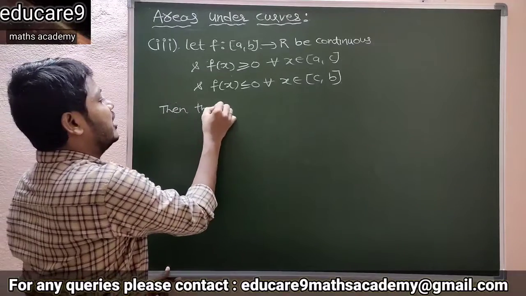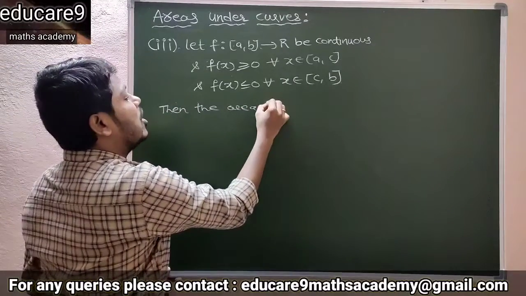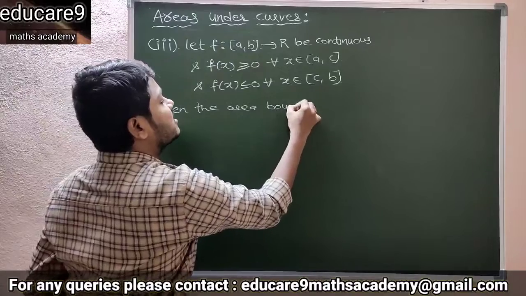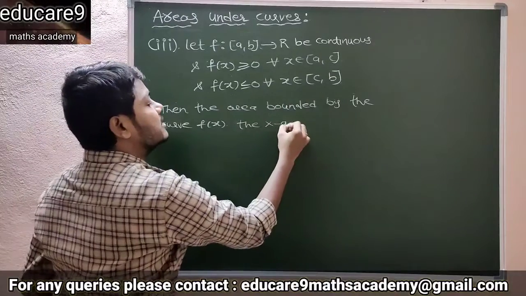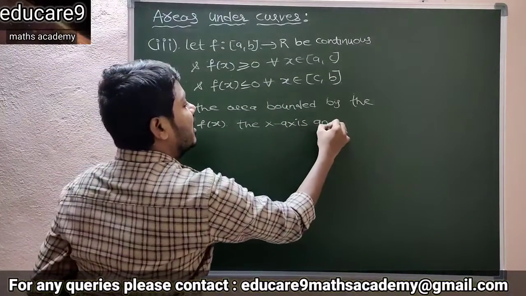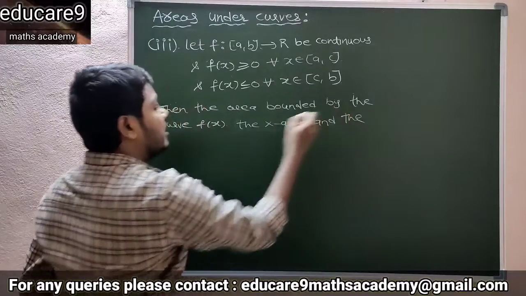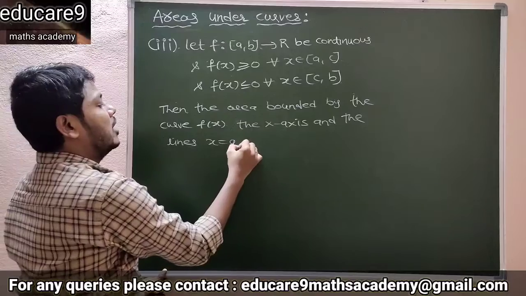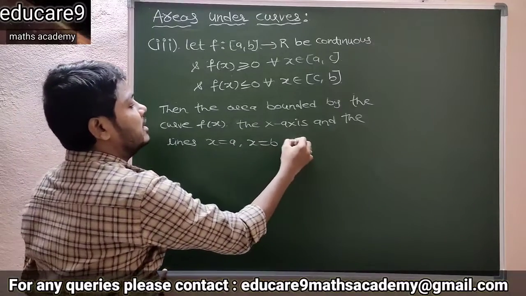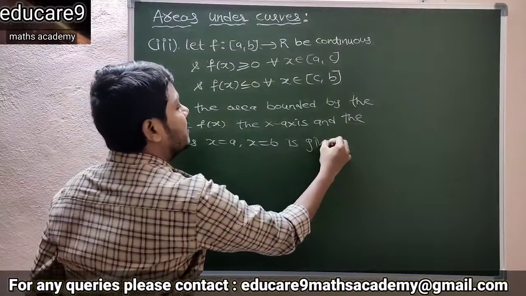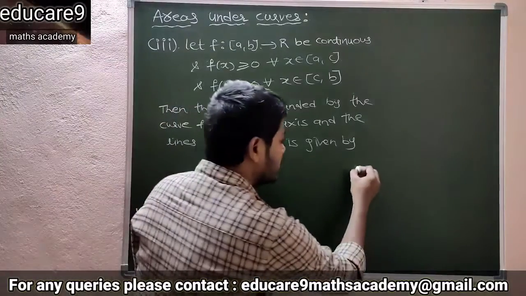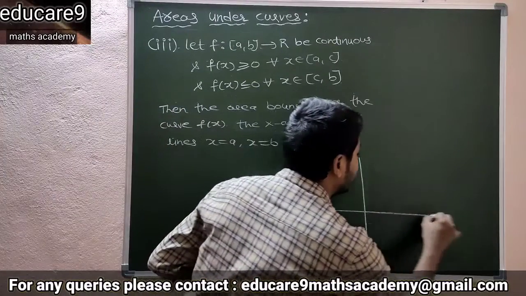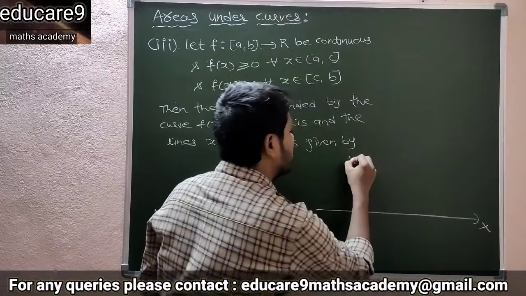Then the area bounded by the curve f of x, the x-axis and the lines x equals a, x equals b is given by... Consider the coordinate axes, x and y axis.